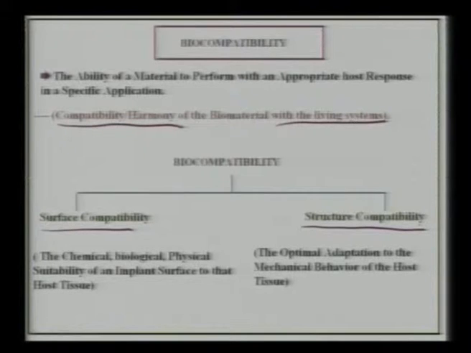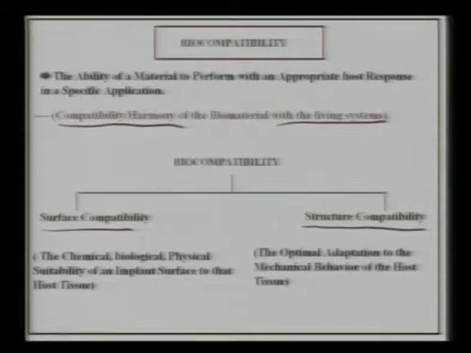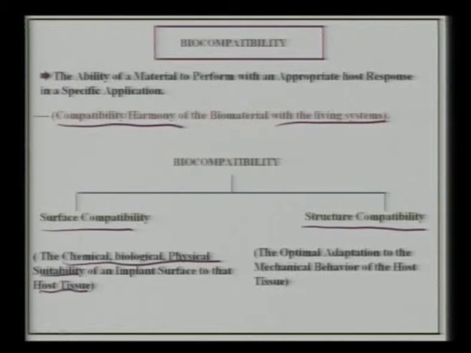What I mean by surface compatibility is that the biocompatibility property of titanium here is not the important one; what is important is the hydroxyapatite coating you put on the surface of titanium. That is the chemical, physical or biological suitability of the implant surface to the host tissue. Here the host tissue will not see titanium directly. It will first experience the hydroxyapatite coating before it sees the titanium substrate.